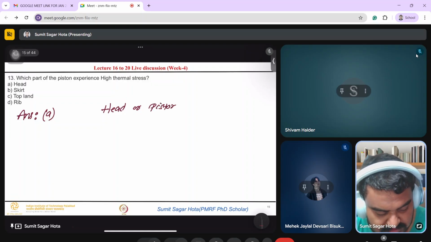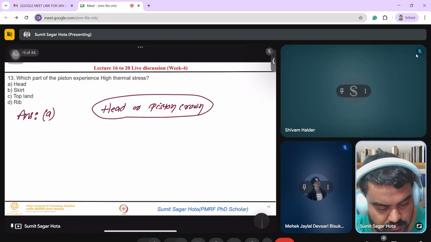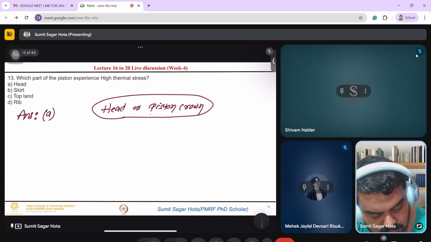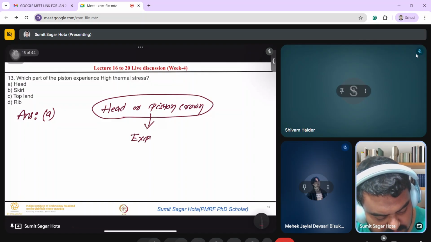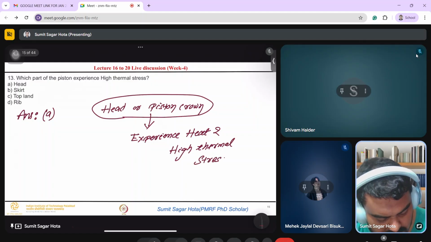The head, otherwise known as piston crown, will experience heat and high thermal stress.